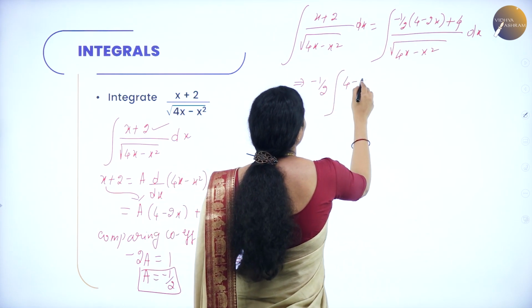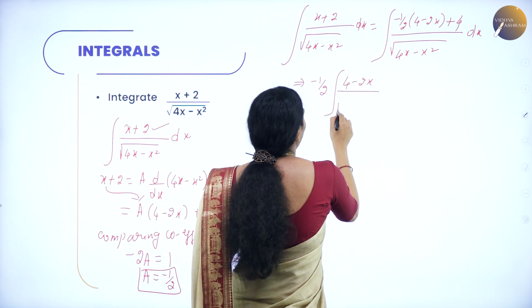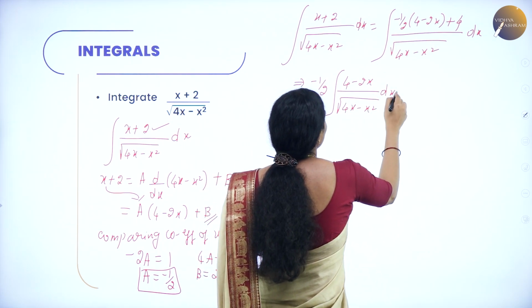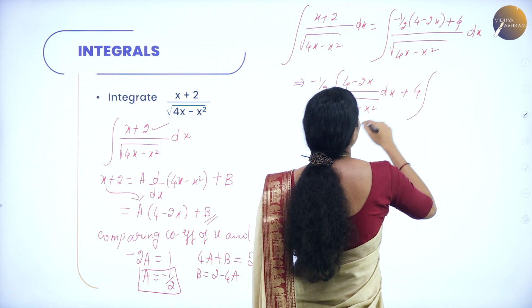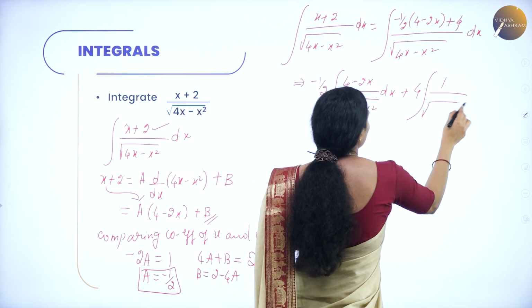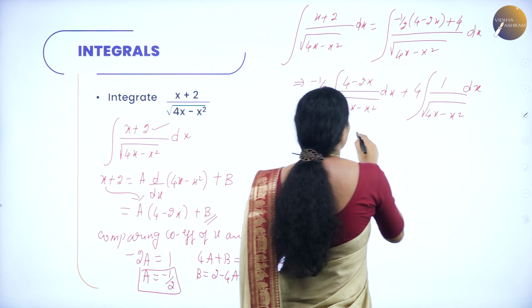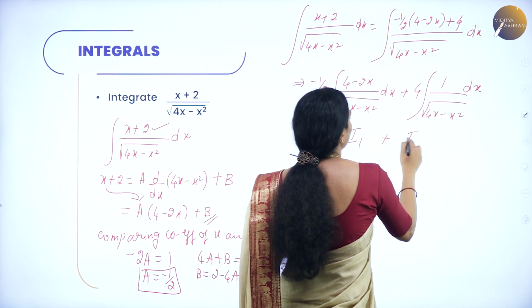Integral of (4 minus 2x) divided by under the root of 4x minus x squared into dx, plus 4 is a constant I can remove, which will be 1 over under the root of 4x minus x squared into dx. Now this is I1 plus I2.